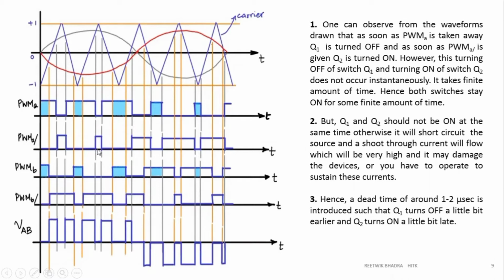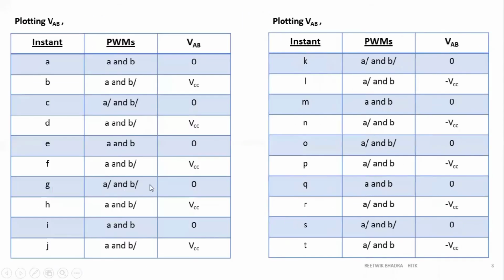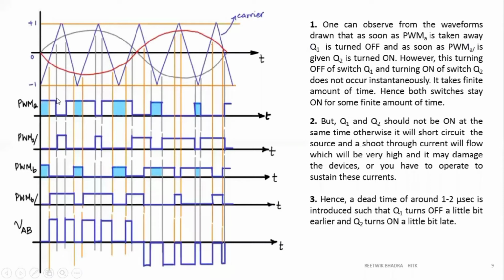What is happening? See, if you recall the PWM A and B, Q1 and Q2 cannot be on at the same time, and Q3 and Q4 cannot be on at the same time. But if you look at the pulse over here, Q1 was given PWM A and Q2 was given PWM A bar.